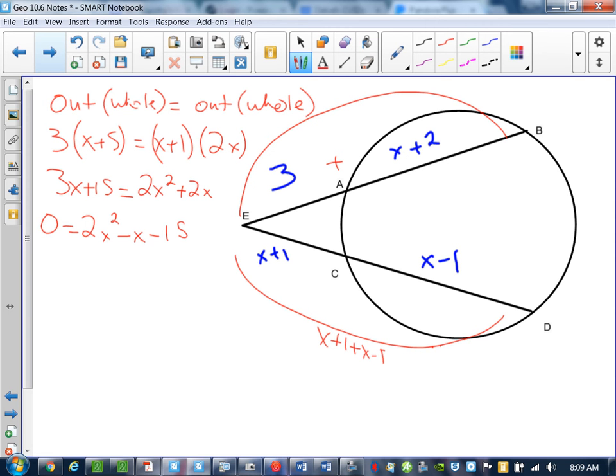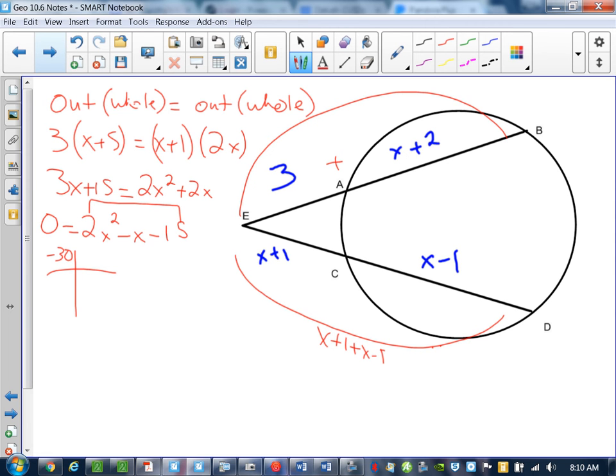Now, I go back to the old school method of multiplying your tails to add to the middle. Because I've always found that if you know your times tables, you're going to be fine. So what's 2 times negative 15? Negative 30.